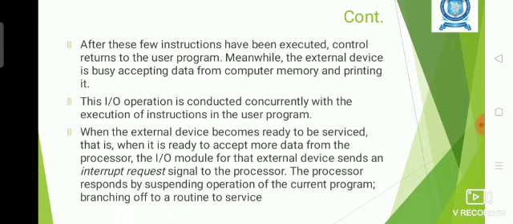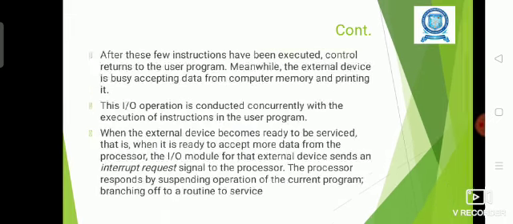The processor will execute the interrupt as a result of the interrupt request from the device, and the processor responds to the interrupt request by suspending the operation of the current program and executing the interrupt routine.